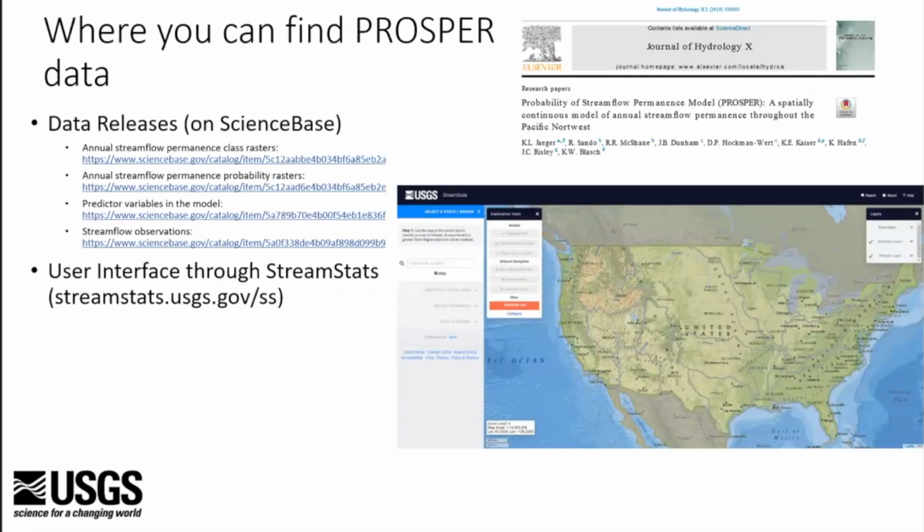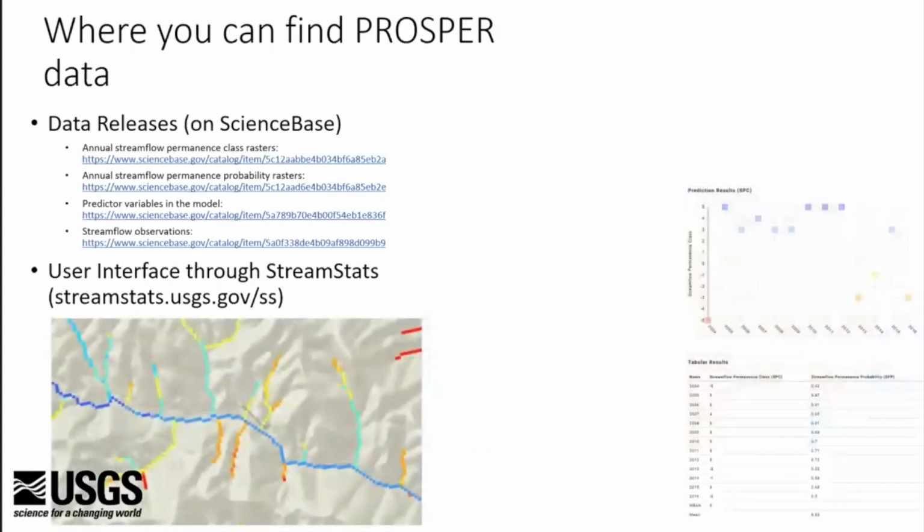You just go to StreamStats, click down to PROSPER, and you can see the coloration in the Pacific Northwest region. You zoom into a location and it'll provide a probability. This is very coarse. We're hoping to make this snappier looking, but it'll report the probabilities, and it translates it also to a flow class for each year.